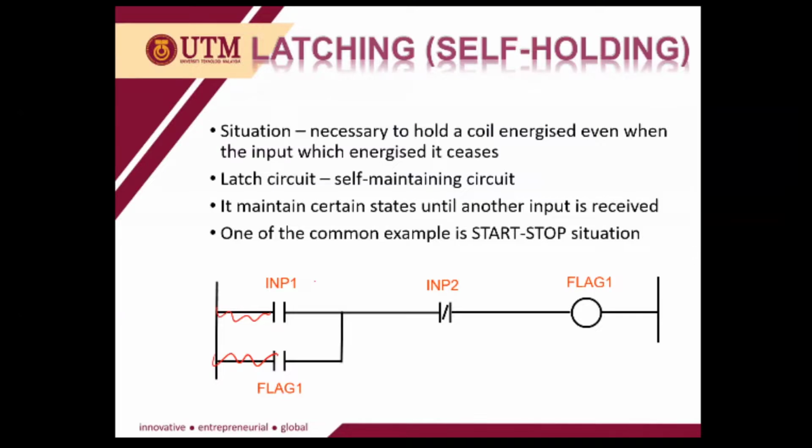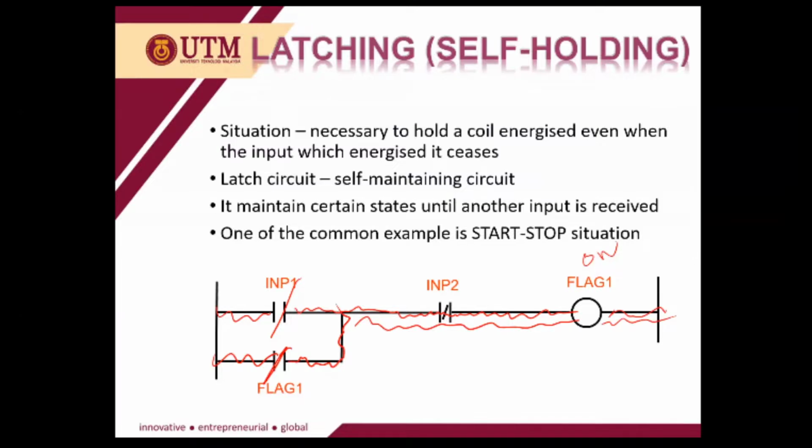But once you close this contact, you press the start button, the current will flow through input 2, normally closed, and up to flag 1, and will trigger flag 1. As flag 1 is on, it will switch this contact on and let the current flow through flag 1 and to the ground.